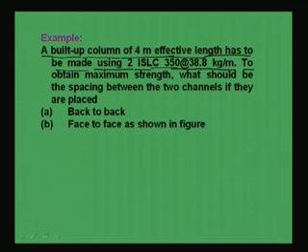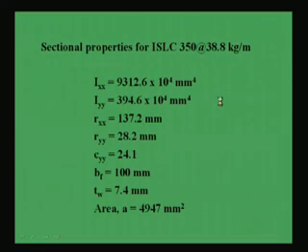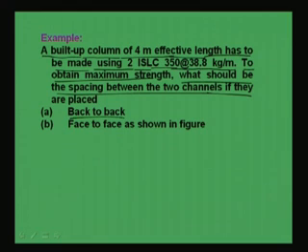To obtain maximum strength, what should be the spacing between the two channels if they are placed back to back and face to face as shown in the figure. That means, the two orientations we will give, the two channels are placed back to back and two channels are placed face to face. If we make in this way, then what will be the strength and what should be the spacing we have to calculate.